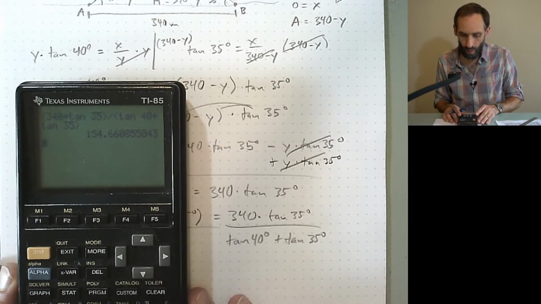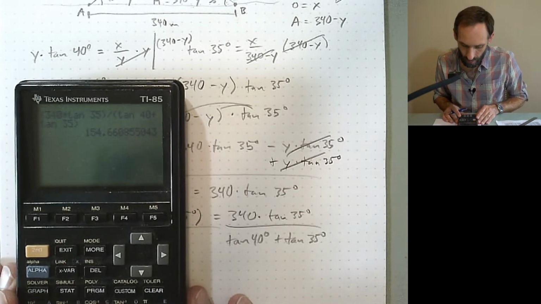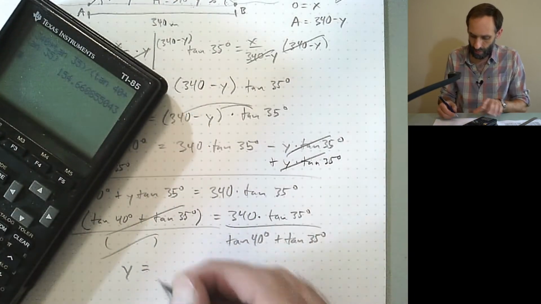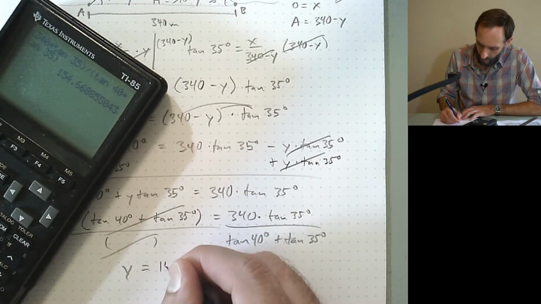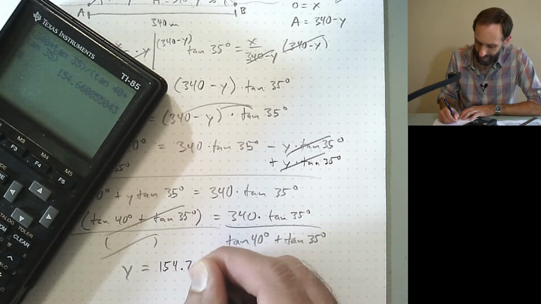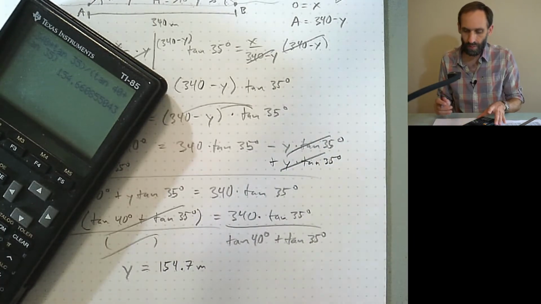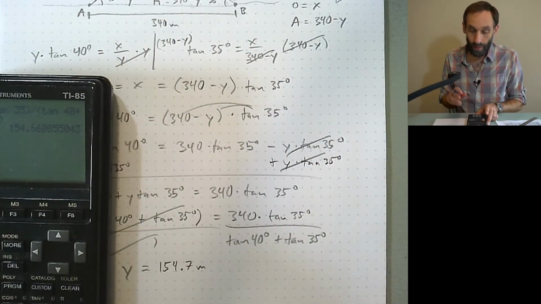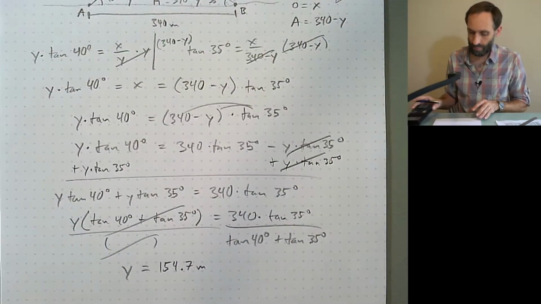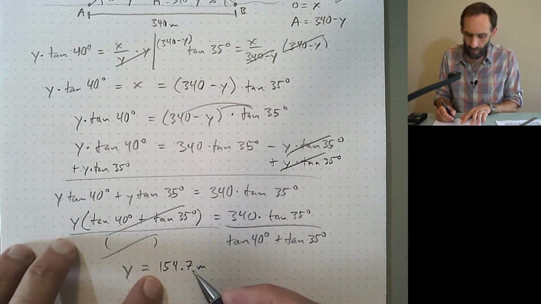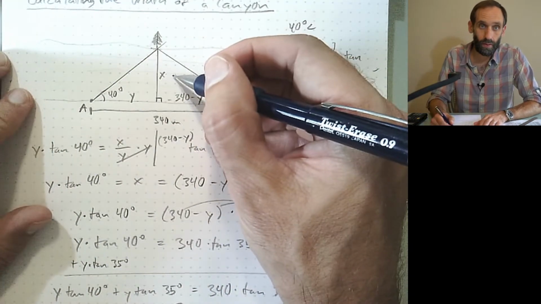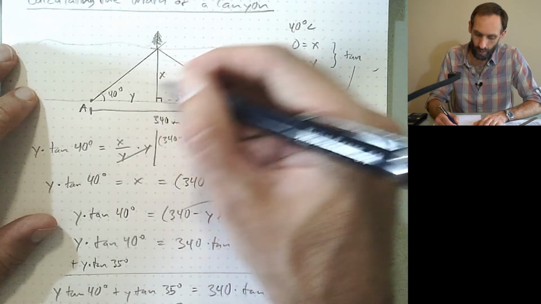That gives me 154.7 if I round. So 154.7 meters. Now again, this is not the answer. 154.7 is not the value of x, it's the value of y.